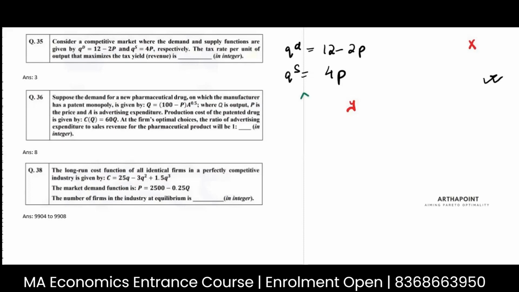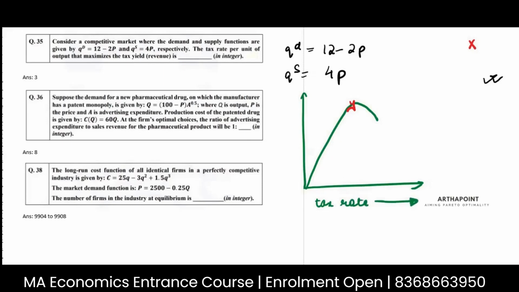We have something which is known as the Laffer curve. The Laffer curve says that as you increase the tax rate, the tax revenue initially keeps increasing. It reaches a maxima, post which it decreases.